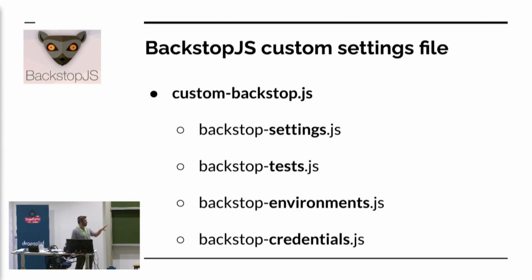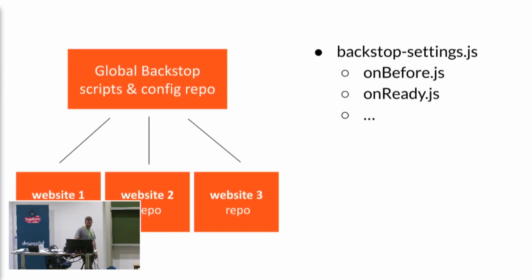And that's how we split it up. So you have one custom BackstopJS file, you have some Backstop settings, just to divide all the logic between some files, then a JavaScript file where the test scenarios are listed, a JavaScript file where the environments are listed, and one where, for example, the credentials are listed.